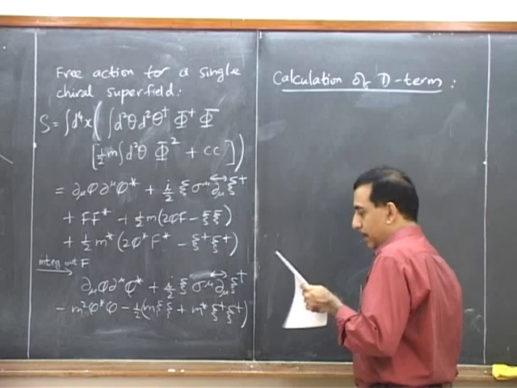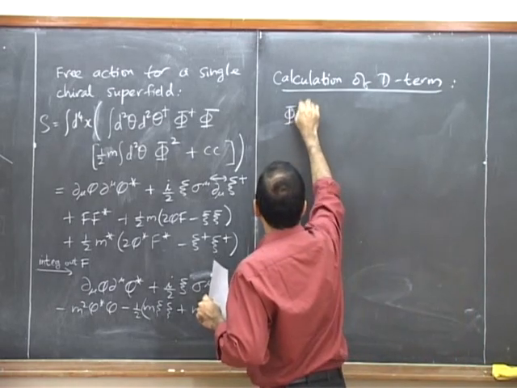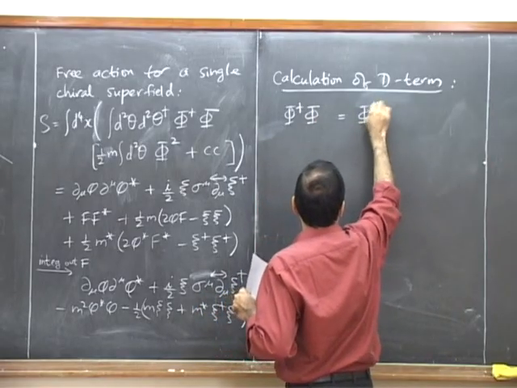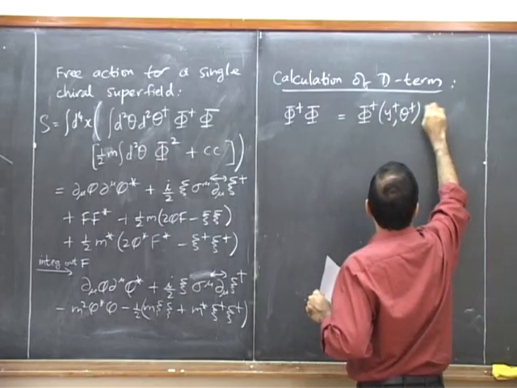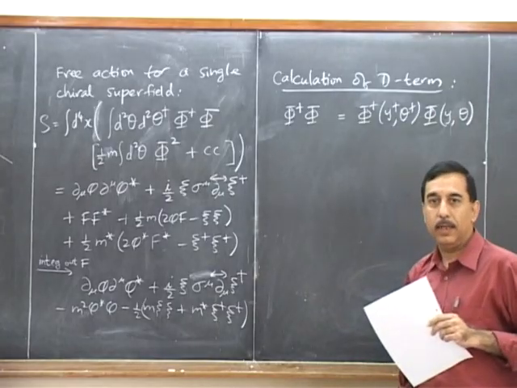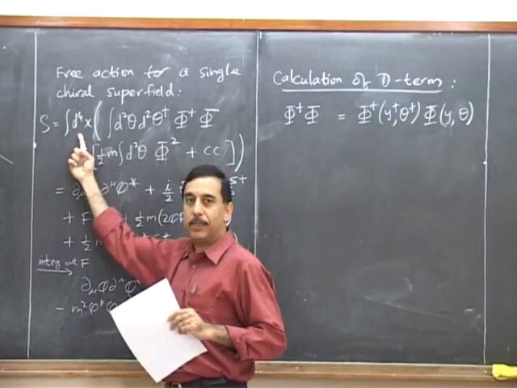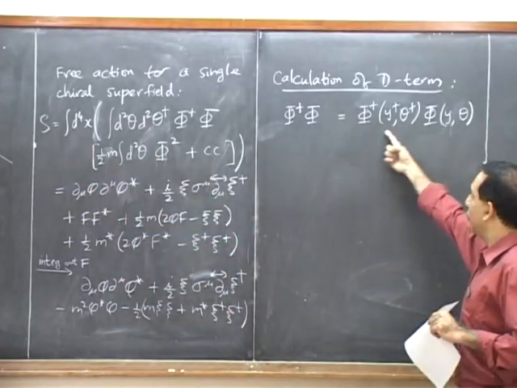For this we have to notice that phi dagger phi is really phi dagger of y dagger and theta dagger, and phi of y and theta. Since both y and y dagger appear under the d4x, there is no chance to shift away both of them to become x.